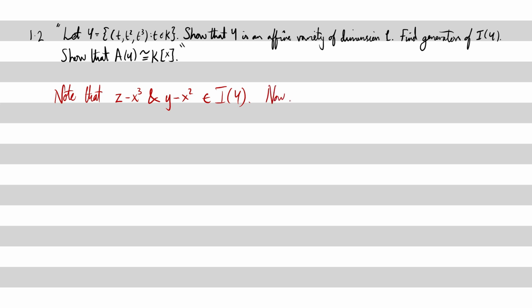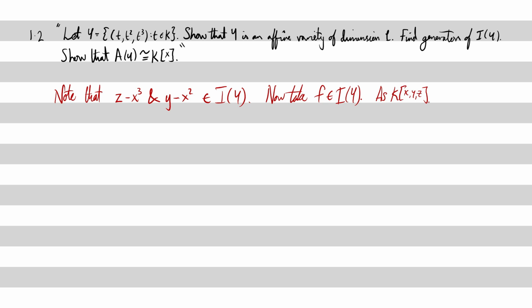Now take f within that ideal. As k[x, y, z] is a unique factorization domain, it is also a Euclidean domain.